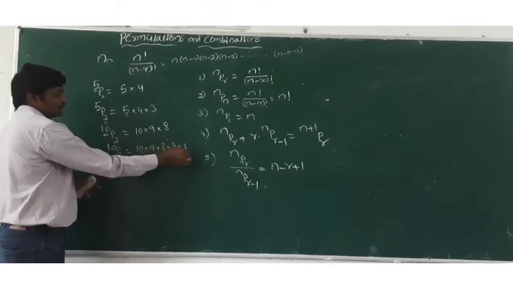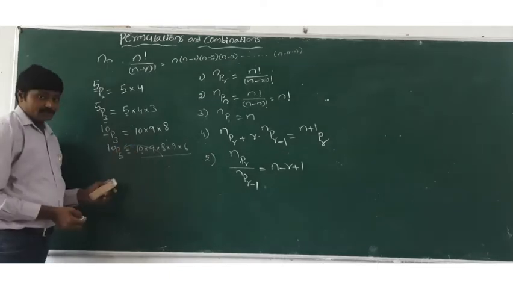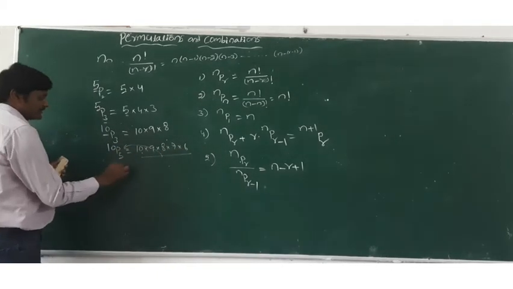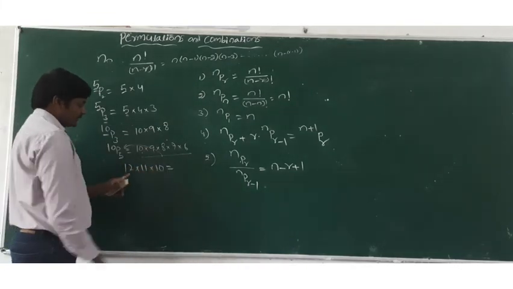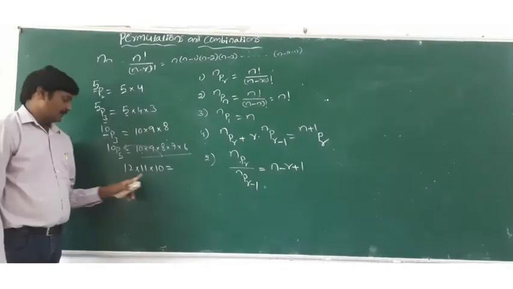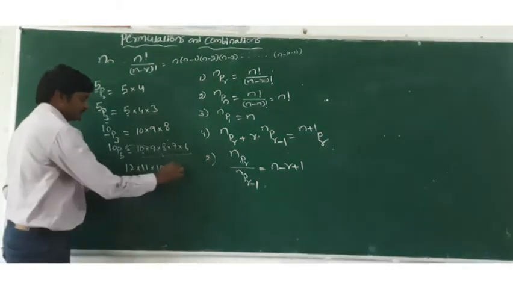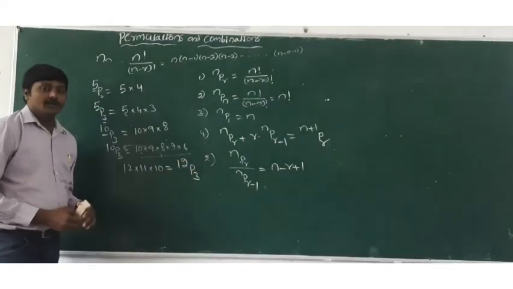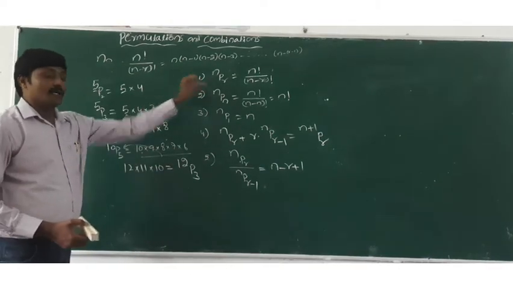In the case of 12P3, starting with 12, we have three consecutive terms: 12, 11, 10. This is the method to find the nPr values without using the formula.